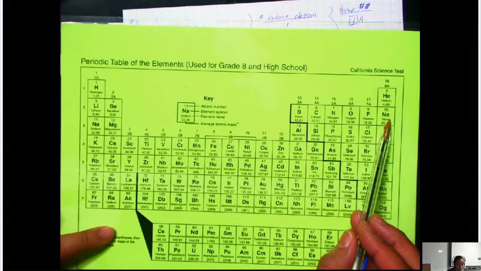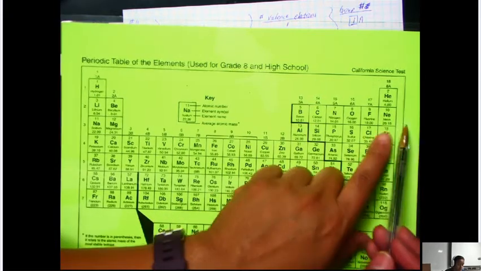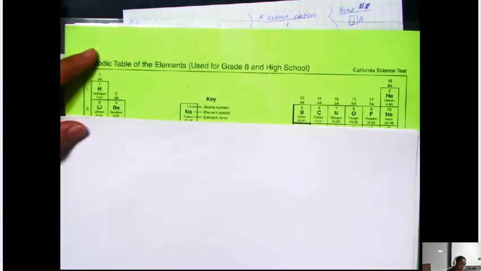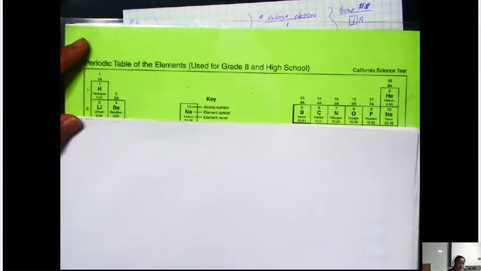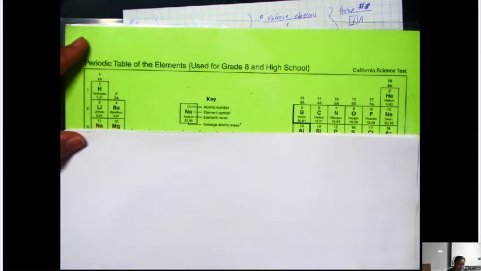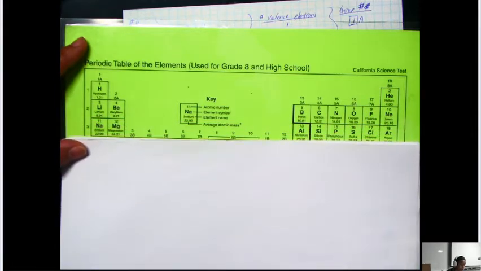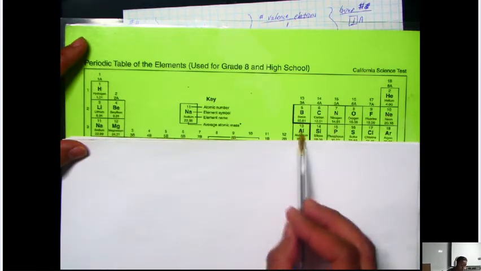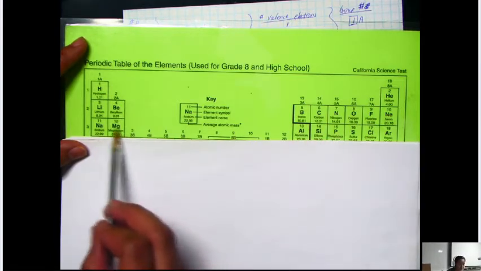For our abbreviated form, we wrote neon, which means we don't have to write any of the configuration for anything leading up to neon. So this is all covered. But we have to write the configuration for everything that follows all the way through phosphorus. So when we get down to this next line, we still need to cover the sodium and the magnesium and all of these. Yes, these are p's, but we can't skip the s's.